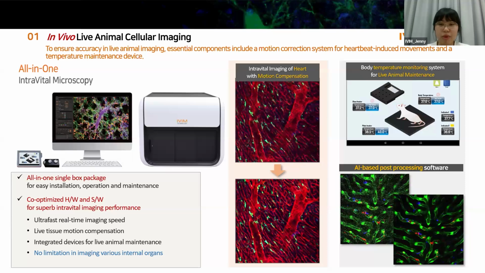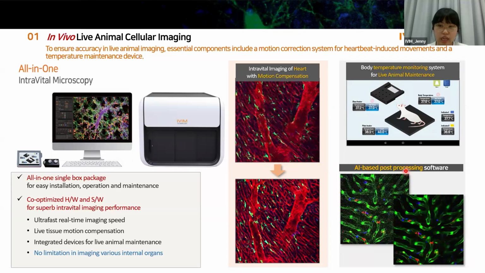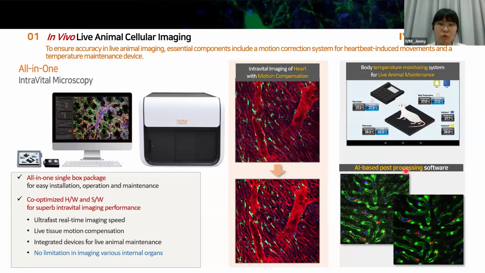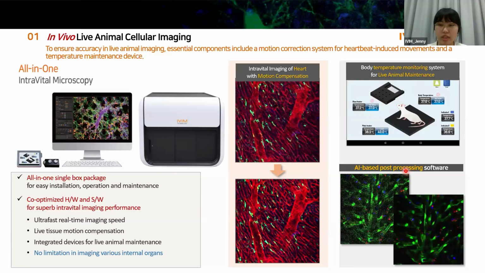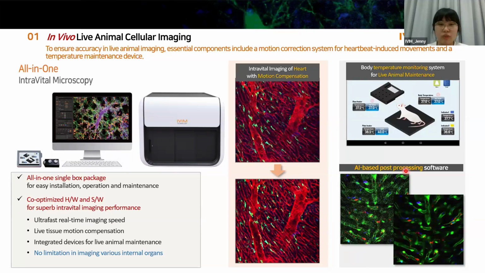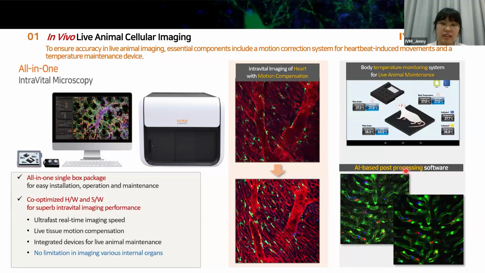Lastly, our AI-based noise removal software enables true quantitative analysis by effectively removing noise while preserving the original fluorescent signal emitted from the organ or sample. This ensures clean and precise data sets for further data analysis.